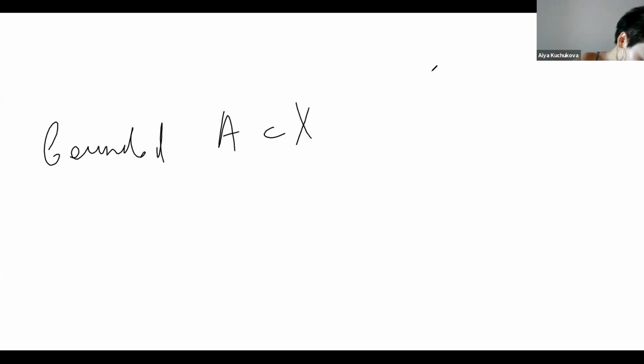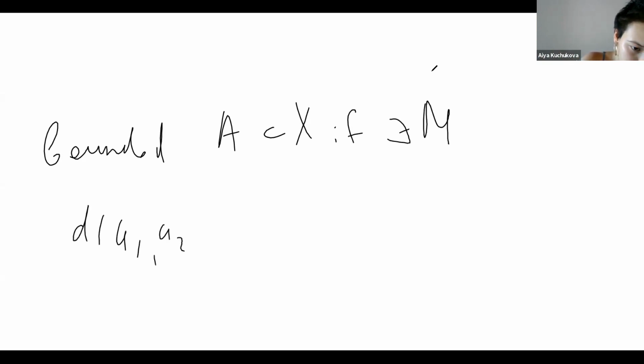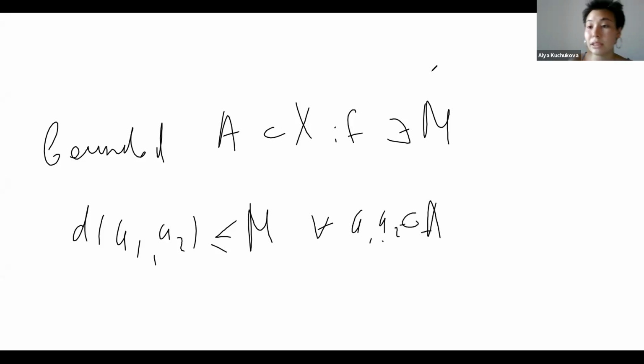Another definition: a subset A of X is said to be bounded if there exists some M for which d(a1, a2) is less than or equal to M for any pair of points a1, a2 in A. So basically, if you take any pair of points and the distance between them is always less than M, then of course the entire set is bounded.